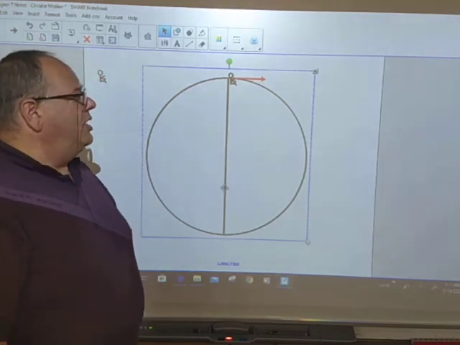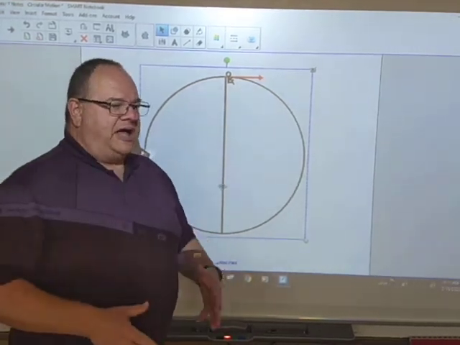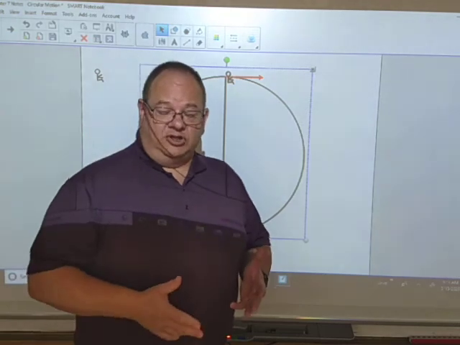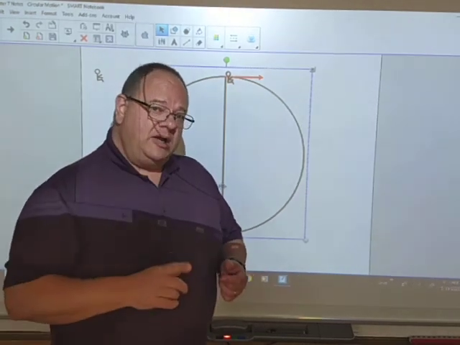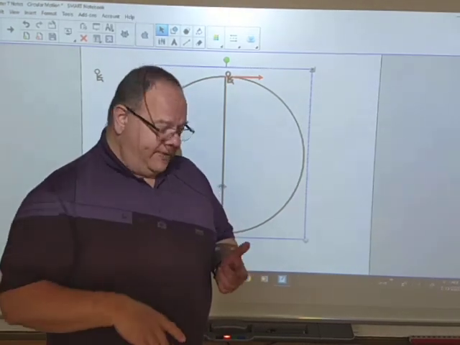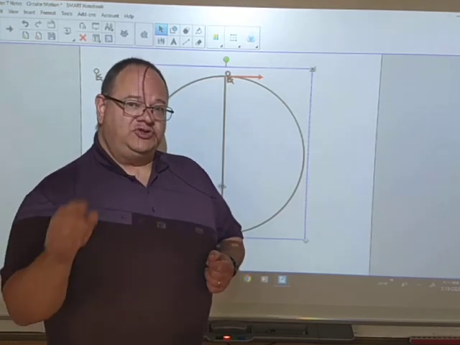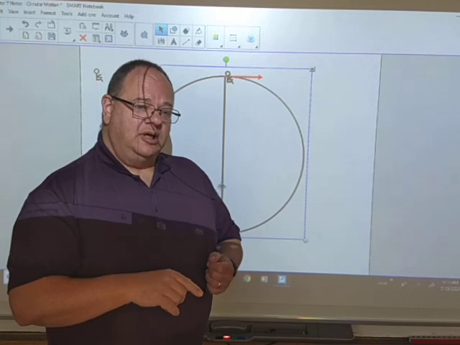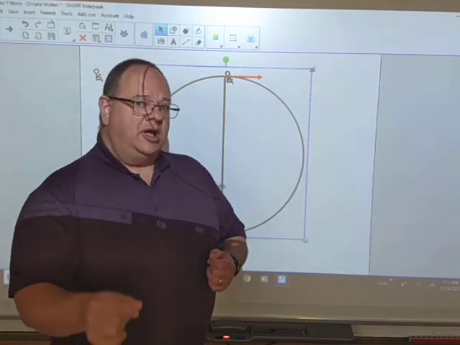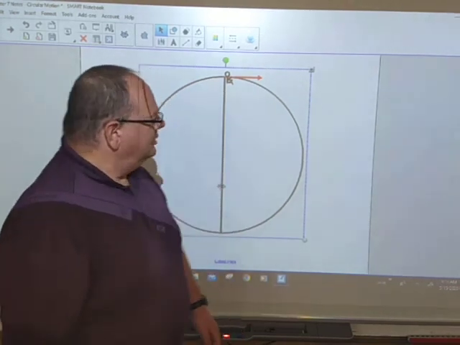Okay. So if the velocity is changing because the direction is changing, we had another definition way back when. It says acceleration is the rate of change in velocity. So if his velocity is changing, he's accelerating.